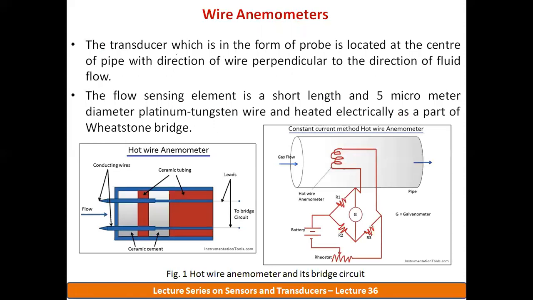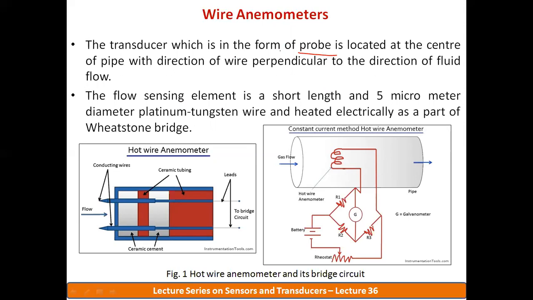The transducer is in the form of a probe. Our sensing element will be in the form of a filament, or you can also say it is in the form of a probe.